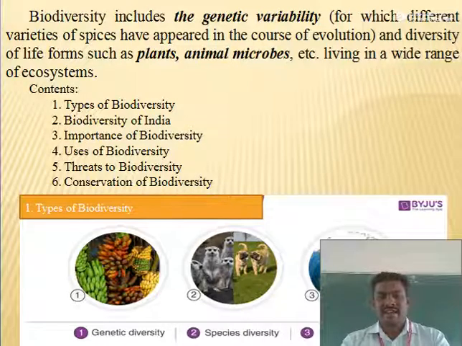First one is types of biodiversity, second is biodiversity of India, third is importance of biodiversity, fourth is uses of biodiversity, fifth is threat to biodiversity, sixth is conservation of biodiversity.